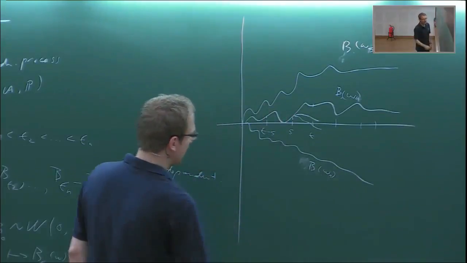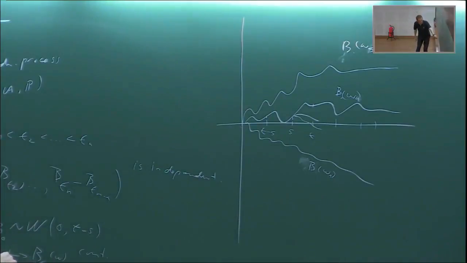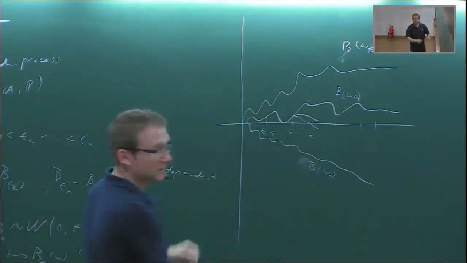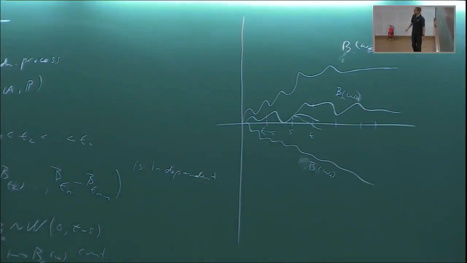These are functions which have the index t, so the argument is t. For each omega you have a continuous function. This is why we can imagine these random variables as continuous functions. Is this clear?